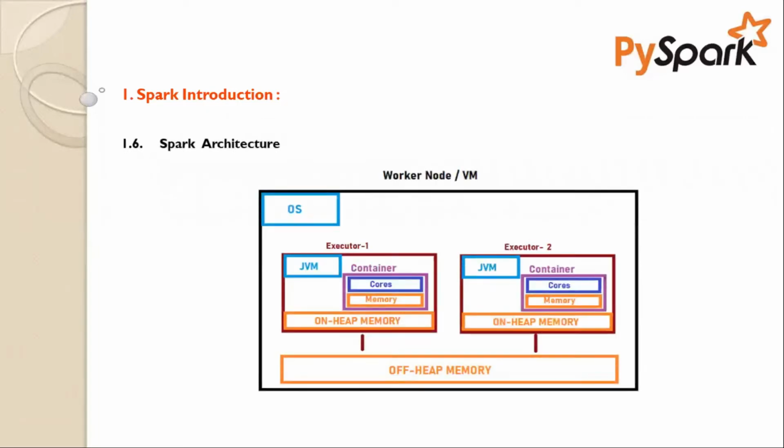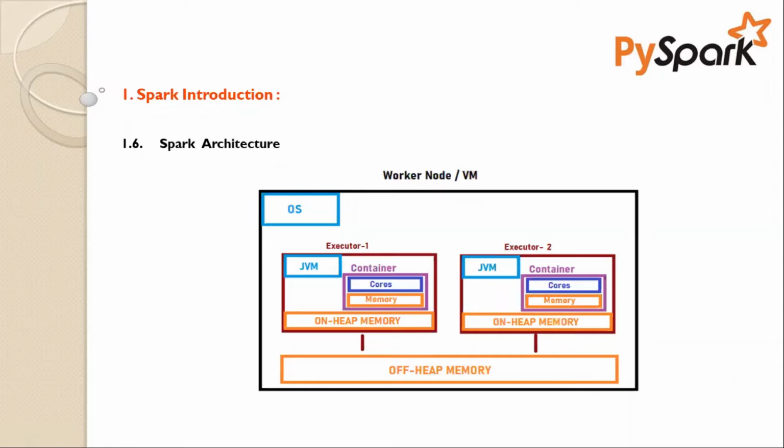Before we discuss Spark architecture at high level, I already walked through what exactly a worker node is. A worker node is nothing but a virtual machine in our cluster. So take this as one machine. In that machine, we may have several executors.